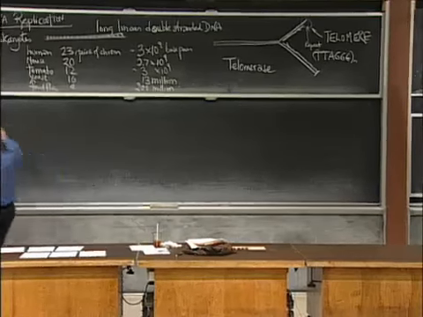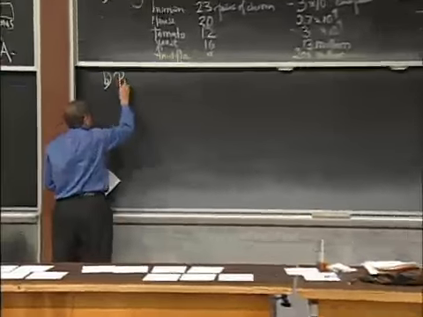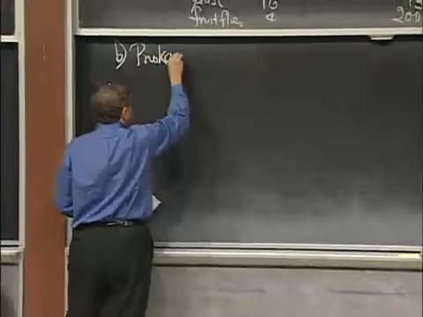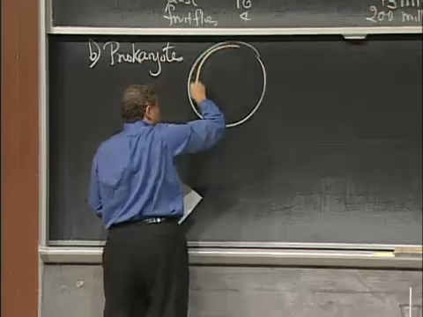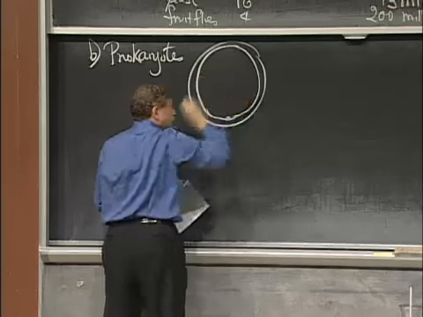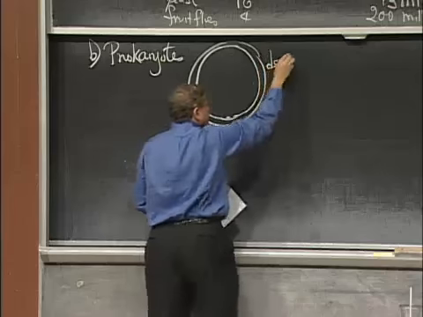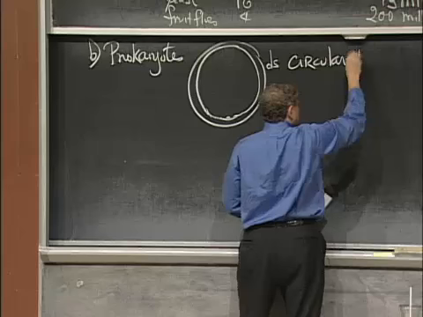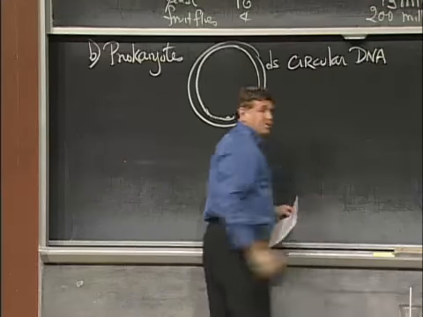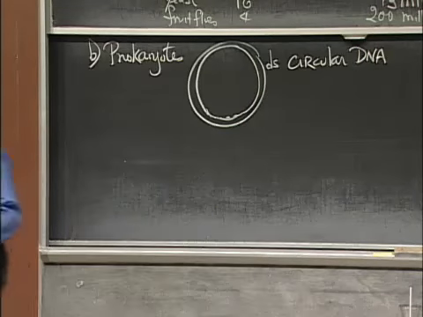Now here, prokaryotes are much easier, because most prokaryotes have circular chromosomes, double-stranded circular, DS circular DNA. This is much easier because there are no ends. They don't have to worry about the telomerase problem.